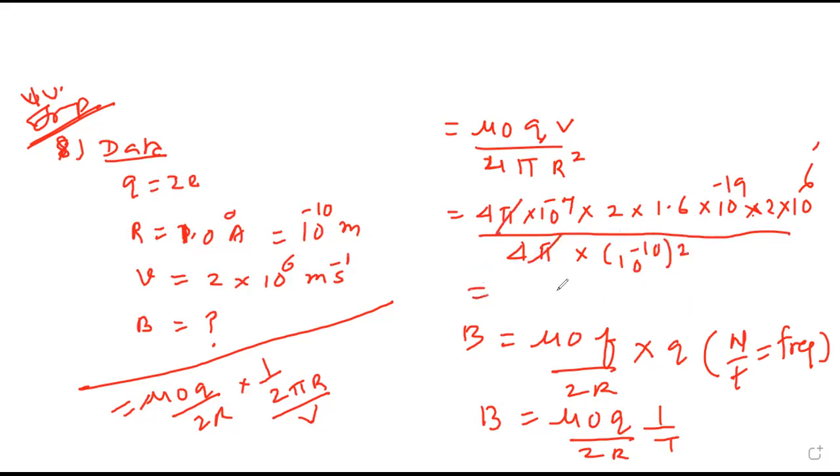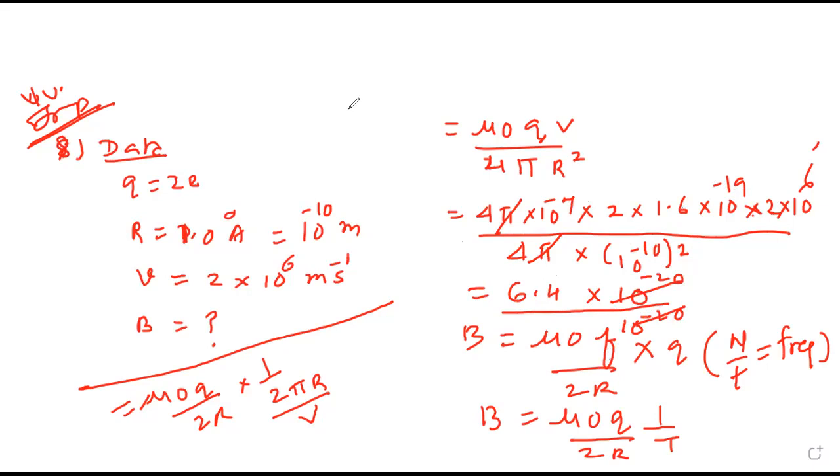4 pi cancel. So 2 into 2, 4 into 1.6. So 6.4 into 10 raised to minus 26 plus 6, that is minus 20, upon 10 raised to minus 20. This will get cancelled.